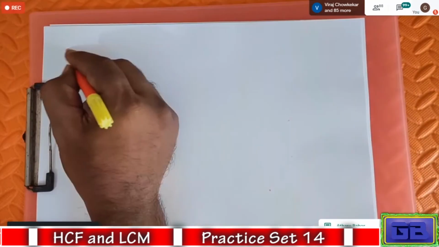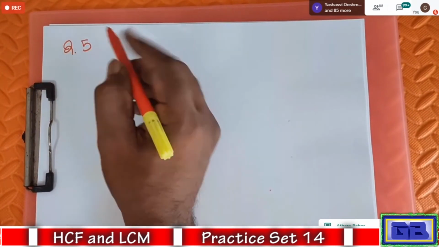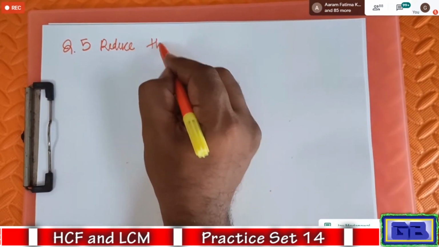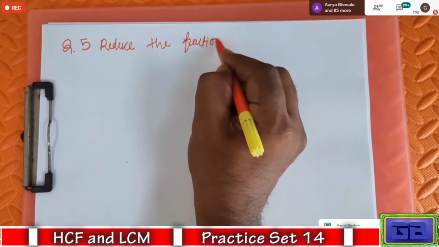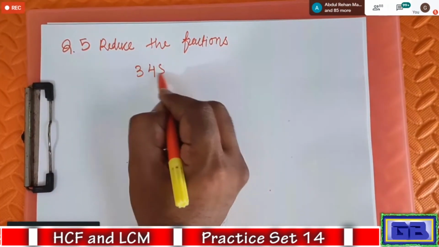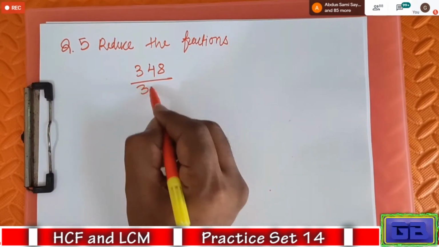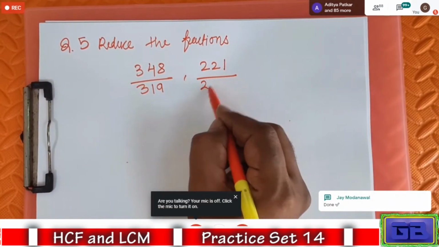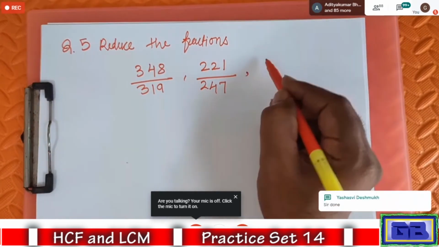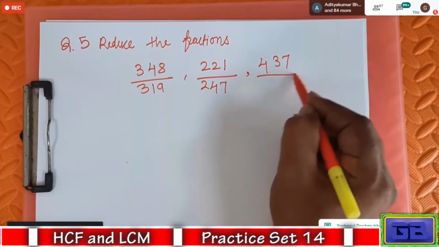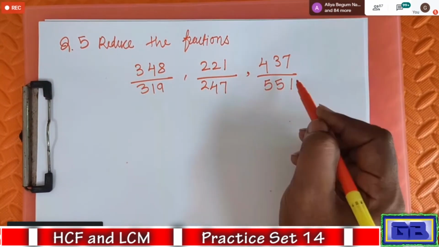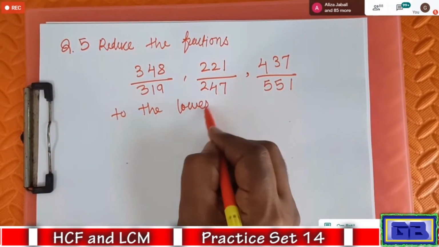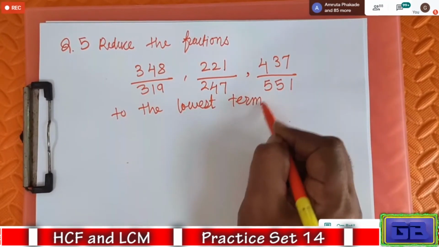Now we'll write question number 5. Reduce the fractions 348 upon 319, 221 upon 247, 437 upon 551 to the lowest terms or lowest form.